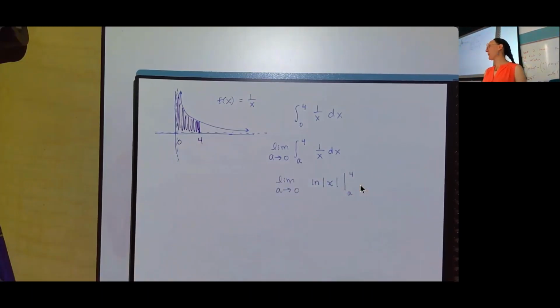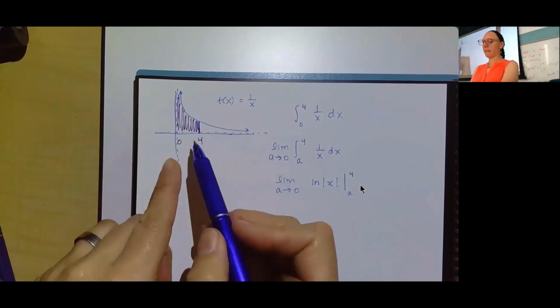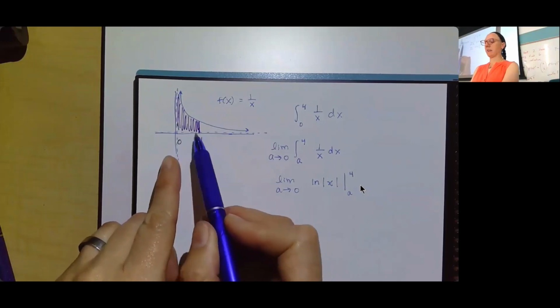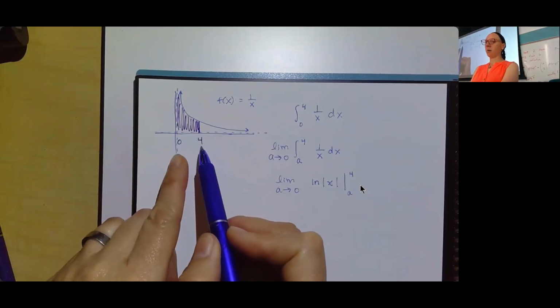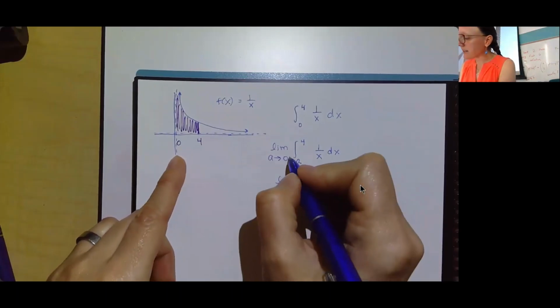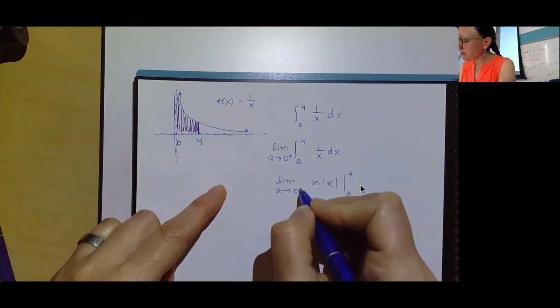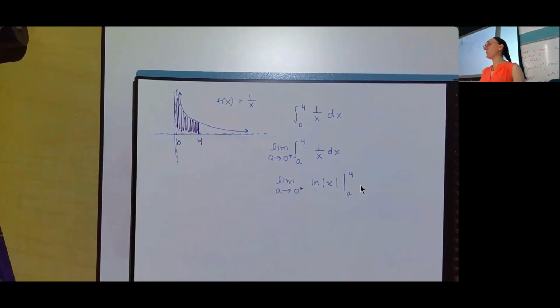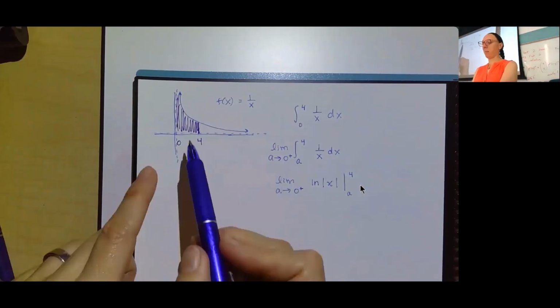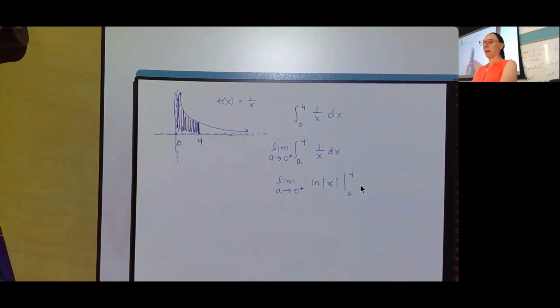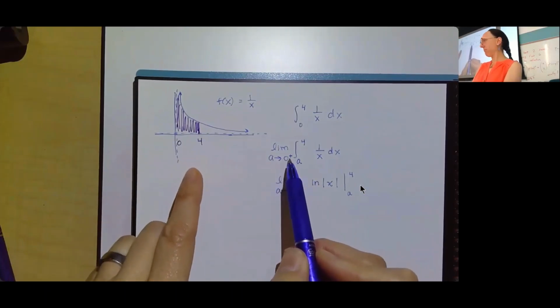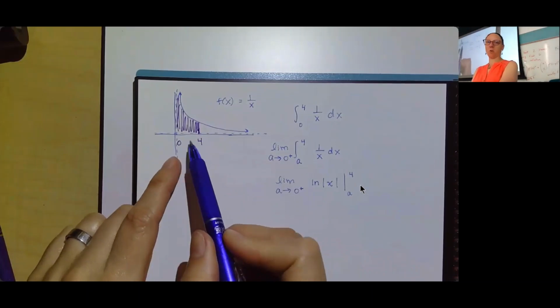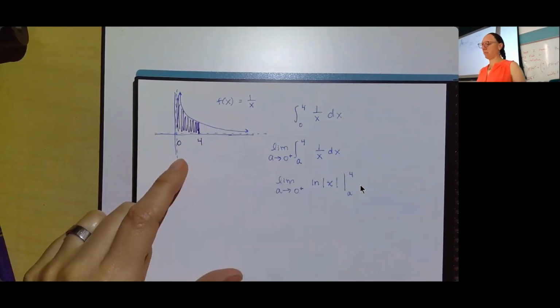Now, if I wanted to be really precise about this, all of the x values between 0 and 4 are a little bit bigger than 0. So I could write this with a plus on my 0 to indicate I'm coming from the right. I like to think about that as saying 0 plus a little bit, because all of the numbers between 0 and 4 are like 0 plus something.